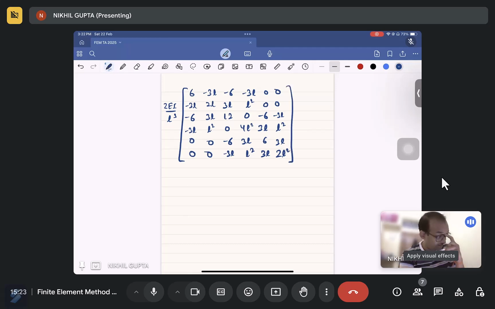Okay, this is the K matrix we have computed. Then u1, u2, u3, u4, u5, and u6.